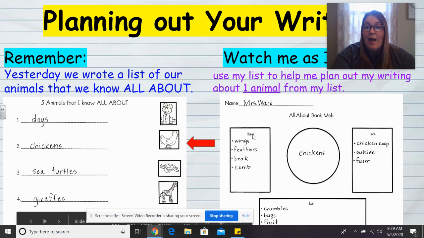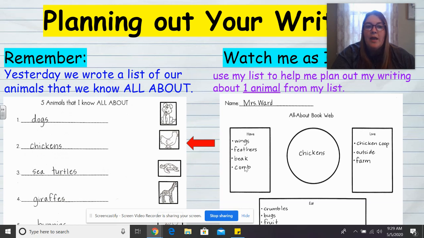So for example, have, that means what does that animal have? So chickens have wings, they have feathers, they have a beak, and they have a comb. So if you notice, I'm just writing words or phrases about what they kind of look like. Okay, so I'm not writing a chicken has wings. I'm just writing wings, feathers, beak, comb.